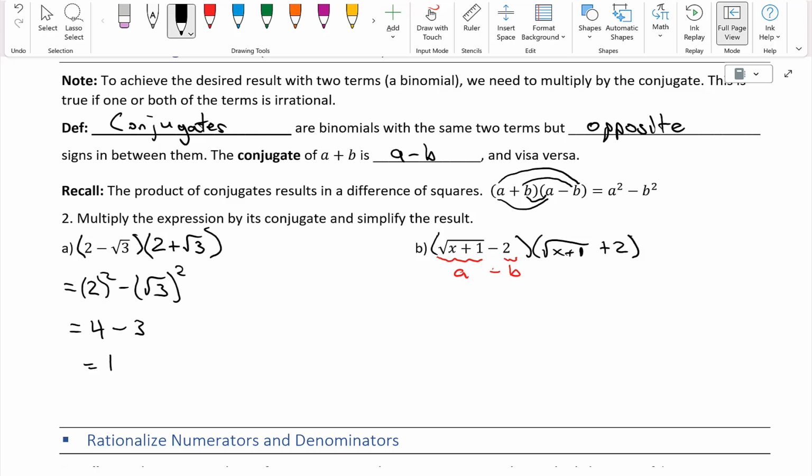And then a plus 2 for our second term. And when we multiply those out, we'll get the square root of x plus 1 squared minus 2 squared. You're welcome to skip that step once you've done it and it makes sense to you. So we're just going to break out that radicand, the expression underneath, and then we've got a minus 4 from the 2 squared, which gives us an x minus 3 when we simplify.